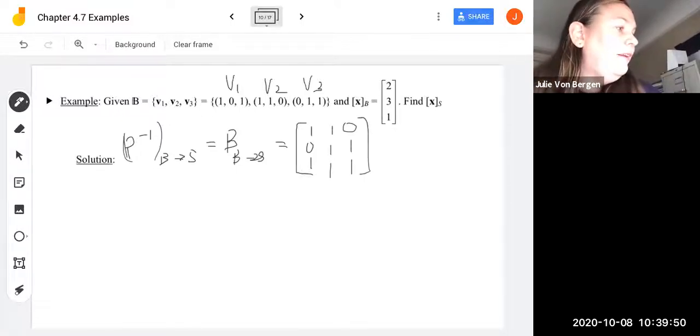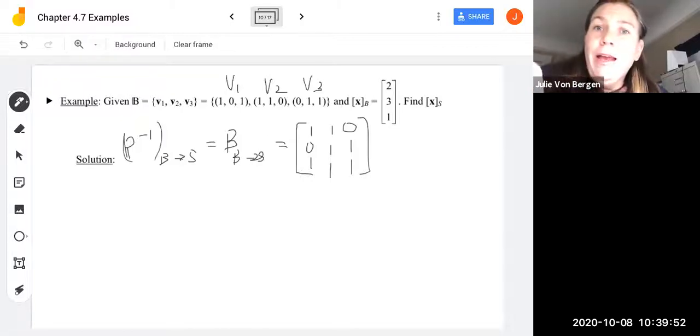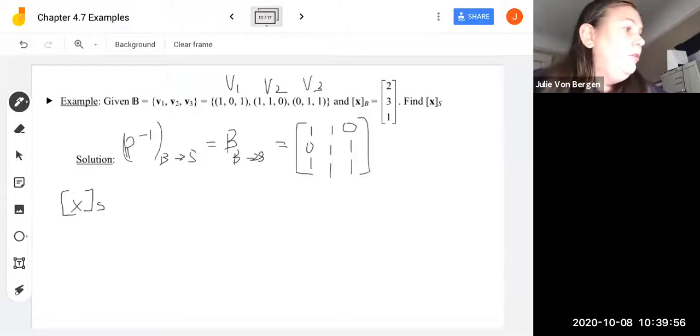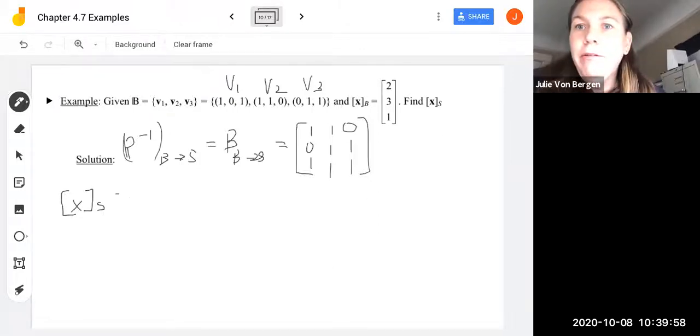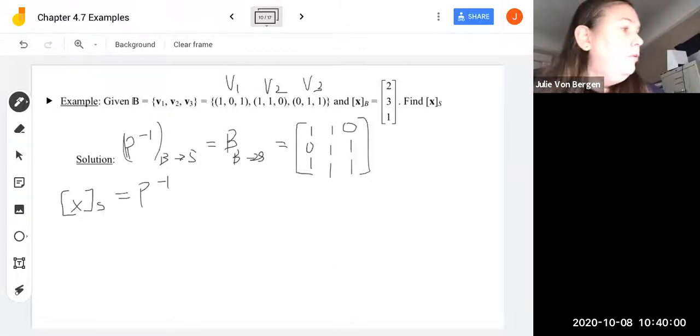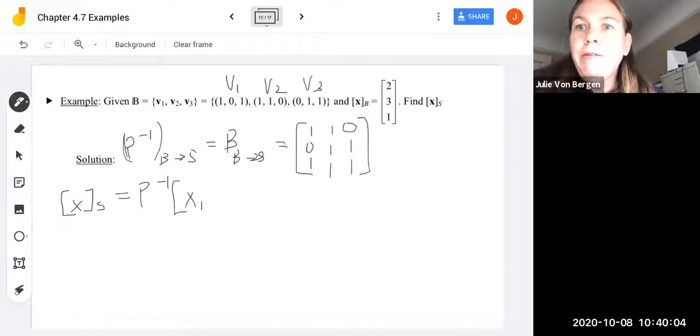And then to find X in the standard basis, our X sub S, we're going to do P inverse multiplied by our X sub B that's given to us.